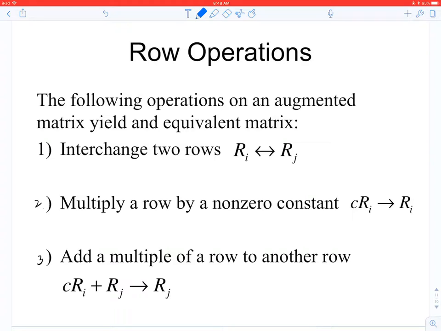That constant can be positive or negative. And then we can also add a multiple of a row to another row. That's basically the elimination part of the elimination method, right? When we add the two equations together in order to eliminate one variable, that's what this last row operation is. And it's important to remember that C can be negative or C can be positive.